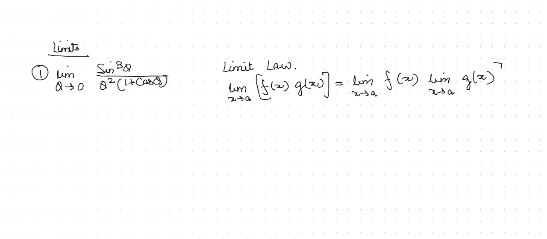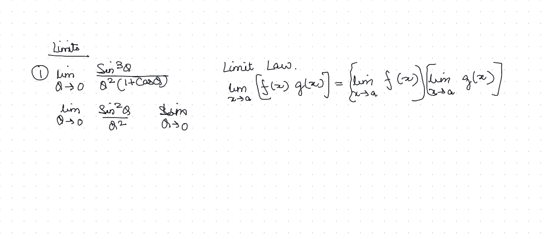So we can have this. We'll use it here, and I'll put this as sine squared theta over theta squared, and the limit as theta tends to 0 of sine theta over 1 plus cos theta.